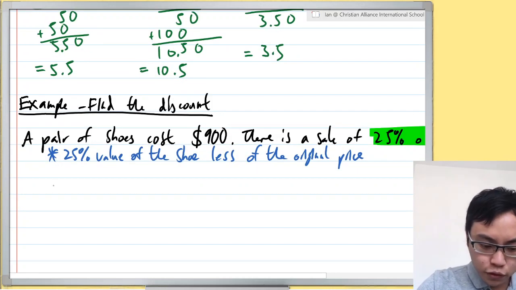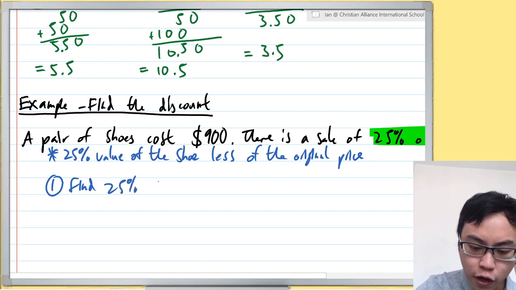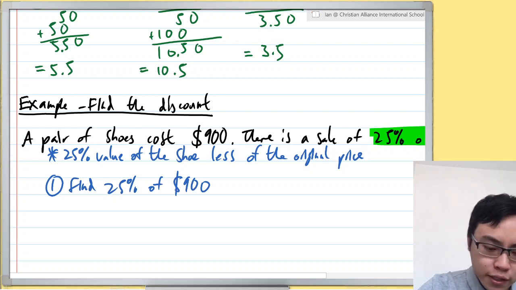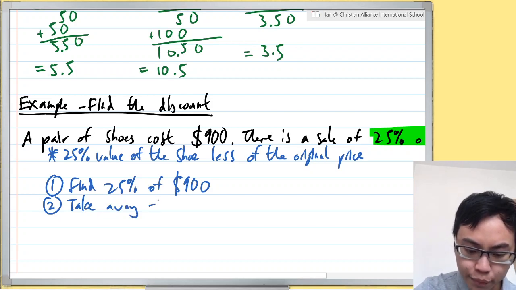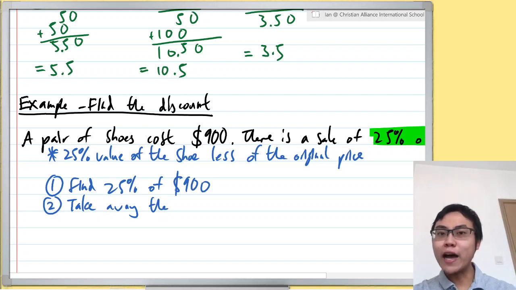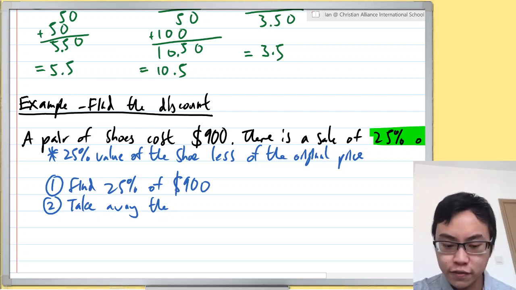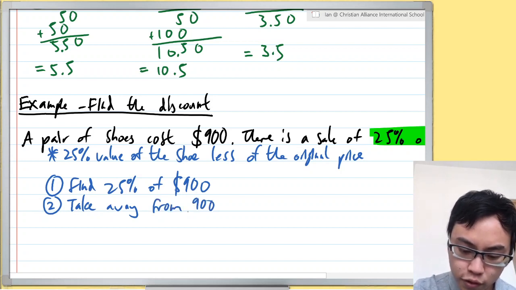So step one will be find 25% of 900, find the answer, and then step two, take away the percent, the 25%, take away the value that you got from step one, take away the percent off from $900. So let's do that.